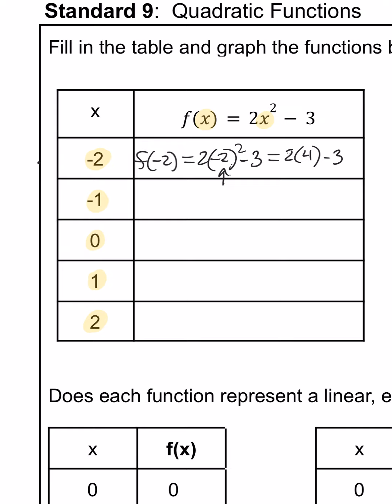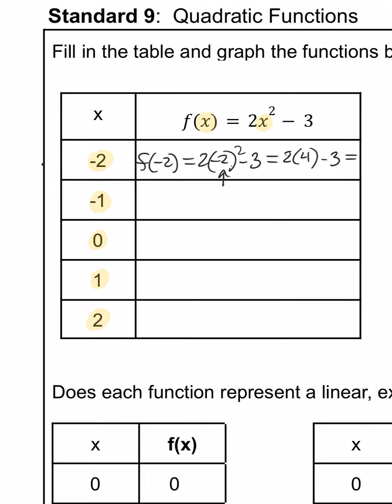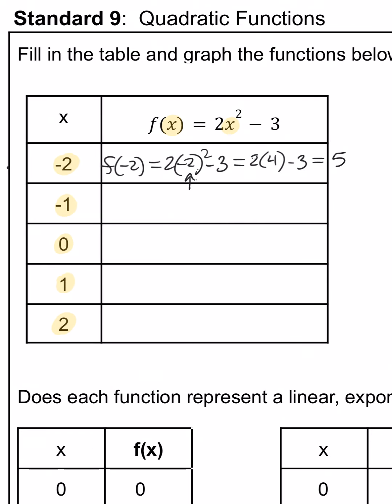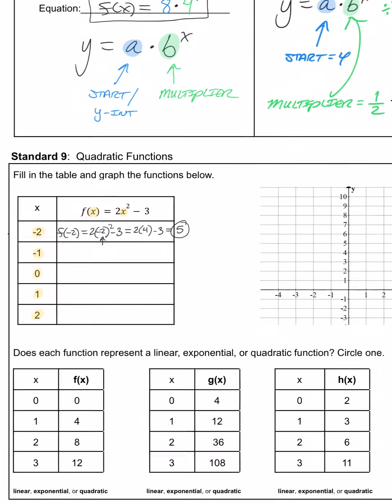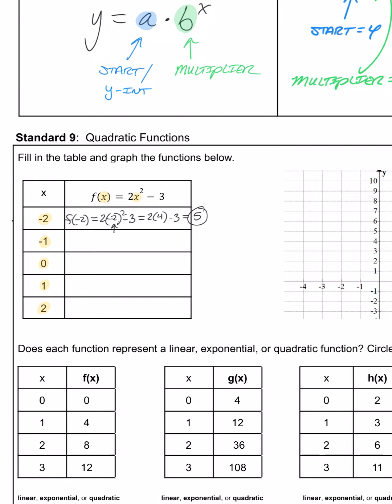Now, 2 multiplied by 4 is equal to 8. 8 minus 3 is 5. Let's find that point on the graph. We have the point (-2, 5). -2 is here, 5 is here, (-2, 5) is right here. So what we want to do is find 4 more points and graph this.